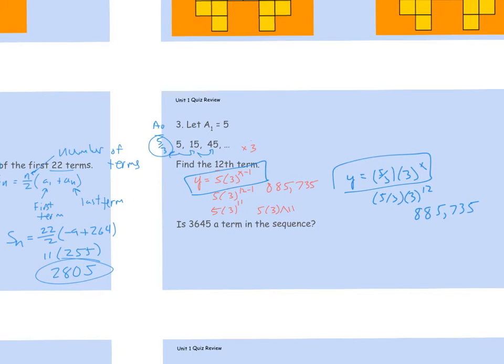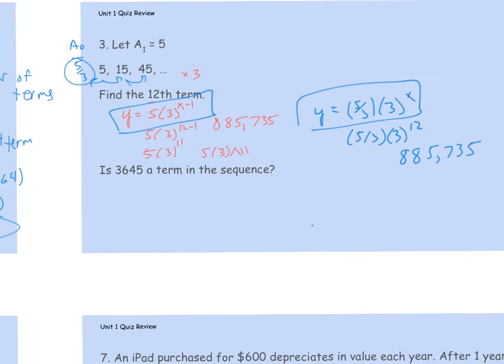Is 3,645 a term in the sequence? Well, this one you can't really solve like a linear equation when you're multiplying like this. You just kind of find whatever term it is. So it's less than this, so it's definitely going to be less than 12. You could just start doing this, and I'm just going to do 5 times 3.